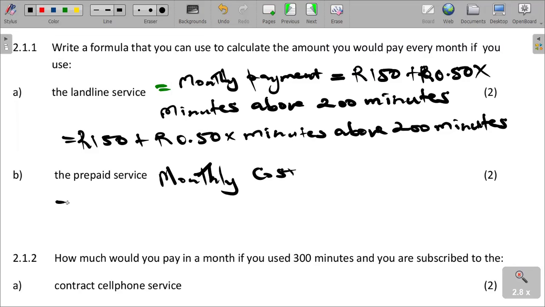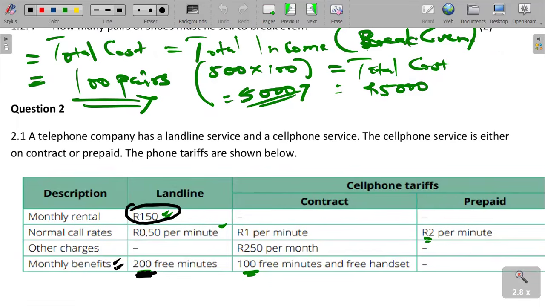Our prepaid cost is given as 2 rand per minute.